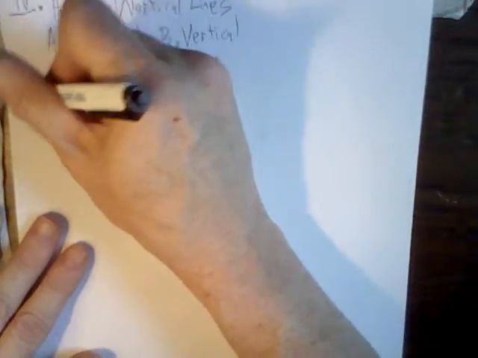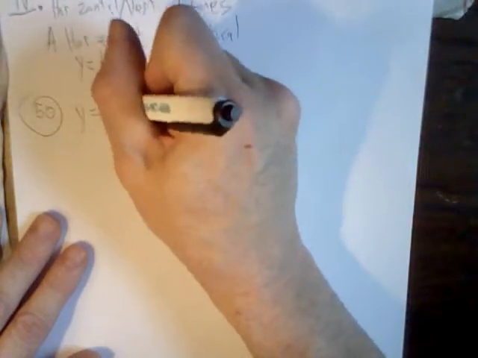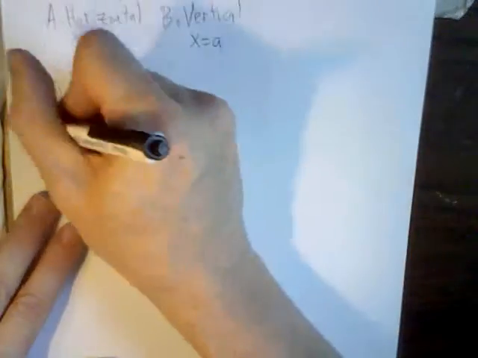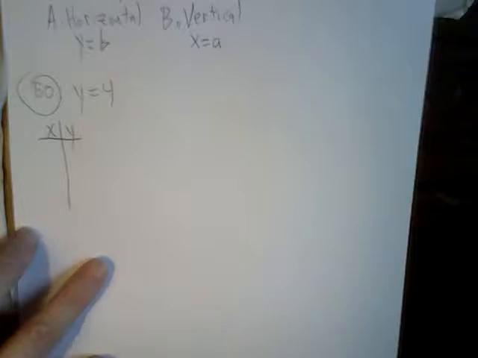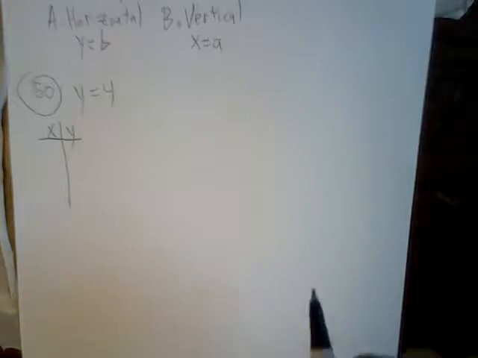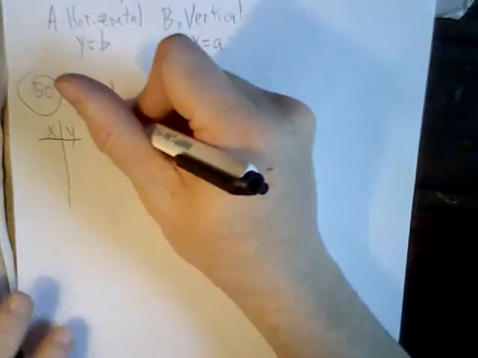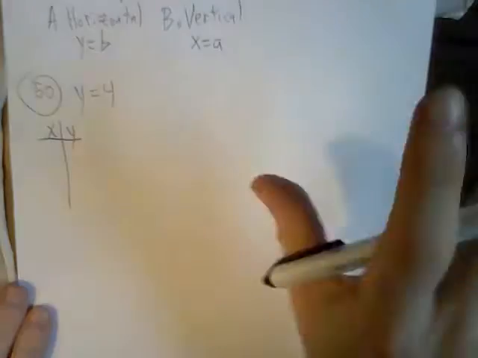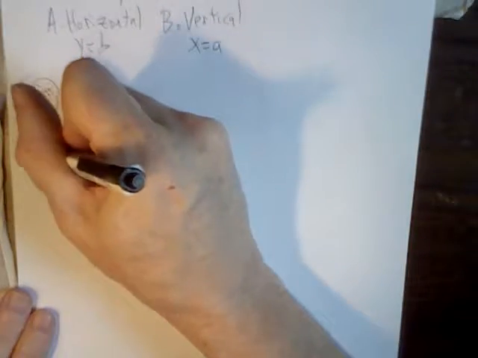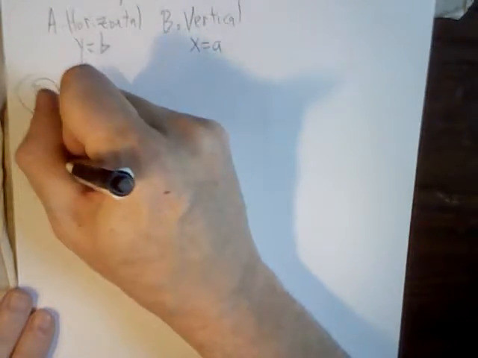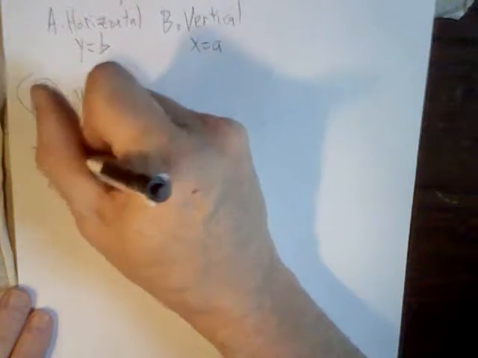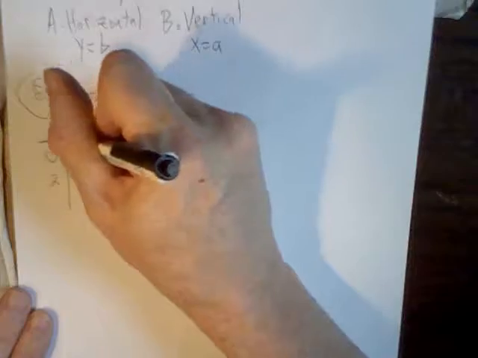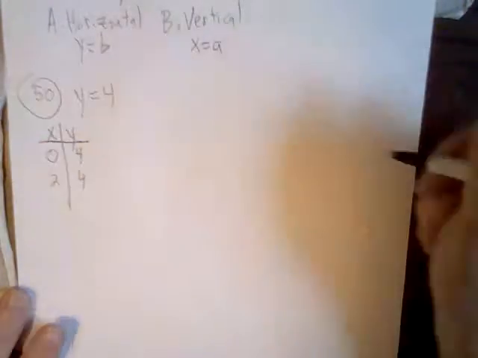Here's number 50. We want to be able to graph y equals 4. So one way you can think of it, and there's plenty of ways out there, but one way I think of it is saying that y is set to be 4, but x can be anything it wants to be. So you can make up any value you want for x, 0, 2, but whatever those are, the y output always has to be 4.